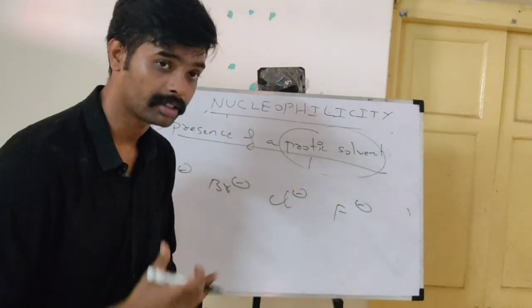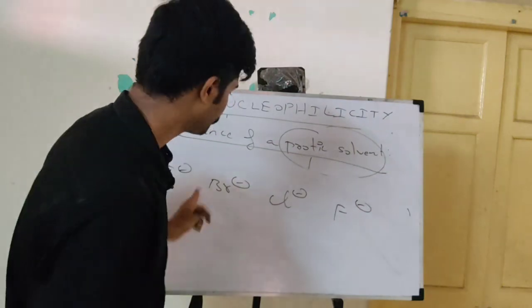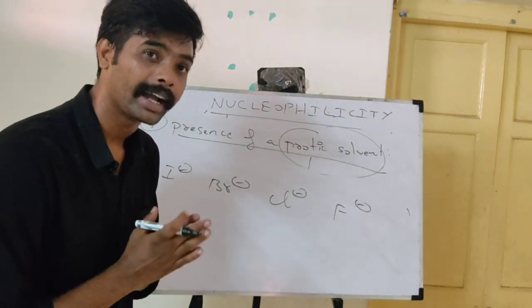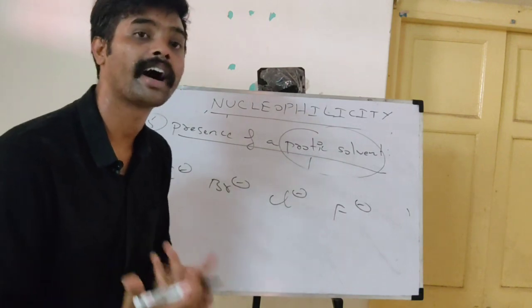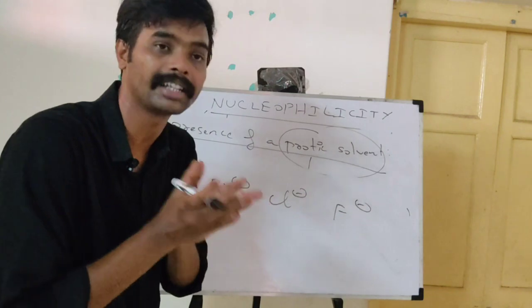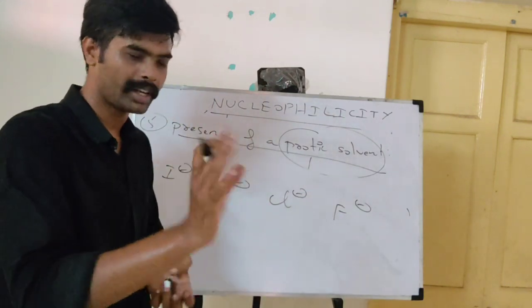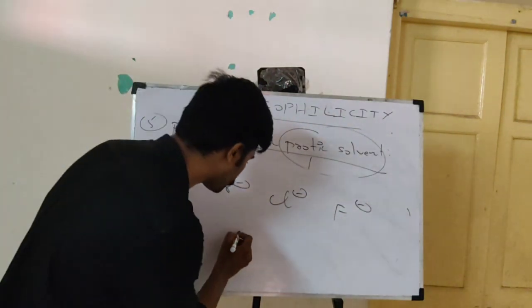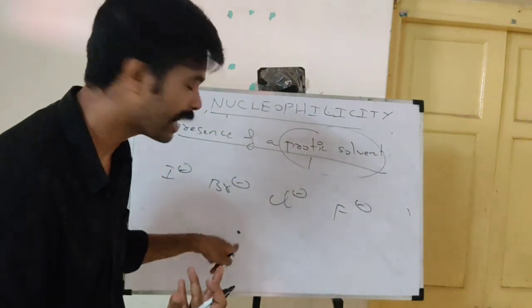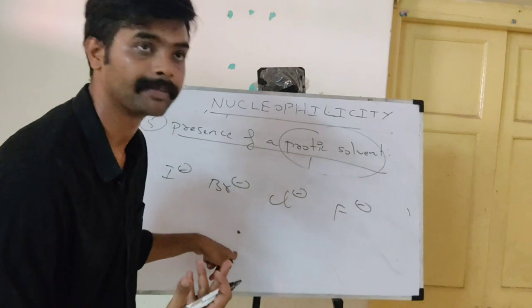But the next question is, to what extent in each case, right? Now please understand that the amount of hydration is going to depend upon the size of the nucleophile, or I would say the size of the anion. Now it's very simple. If I have a very small anion, the probability of it getting crowded is very, very high, right?